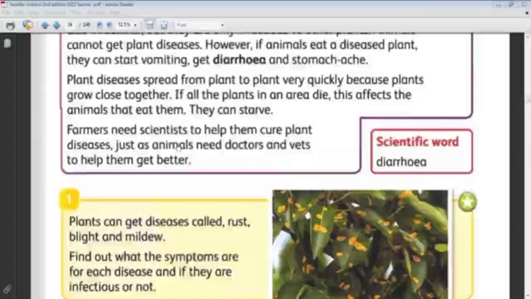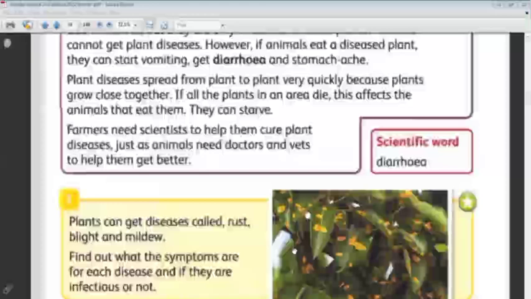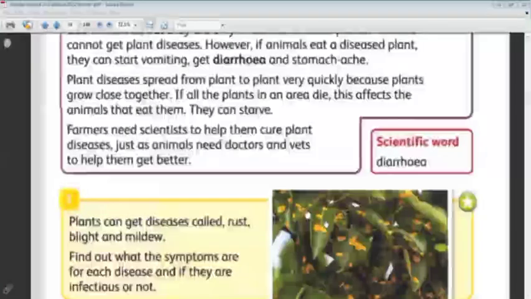When you are sick or when you are ill, what would you do? You go to whom? Go to the doctor. Yes, very good. Here, in the case of plants, we have to bring doctors to treat them or bring scientists who can cure these plants.